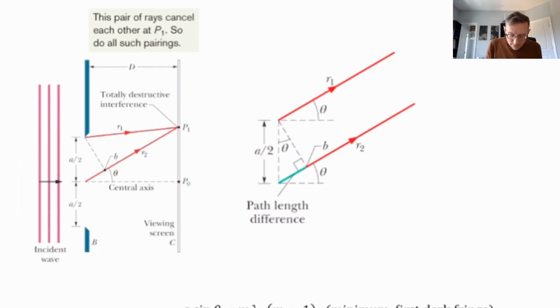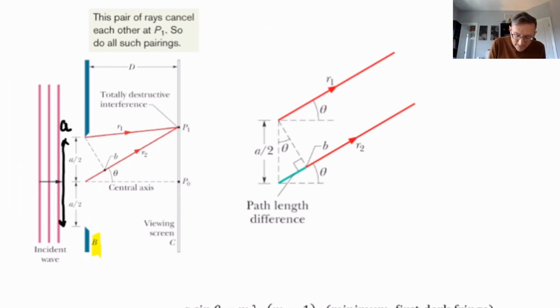Okay, screen B going up and down, and it's got the slit cut in it. Now the long part of the slit is coming out of the screen towards you, and then this way is the narrow part, and that is a total width there from top to bottom of the slit, little a.